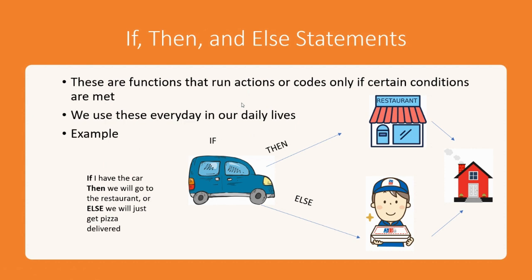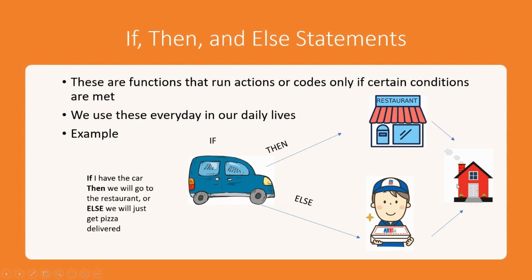If my brother comes home with the car, if I have the car, then I'll go to the restaurant with friends. Otherwise, or else, if we don't have the car, we will just get pizza delivered.